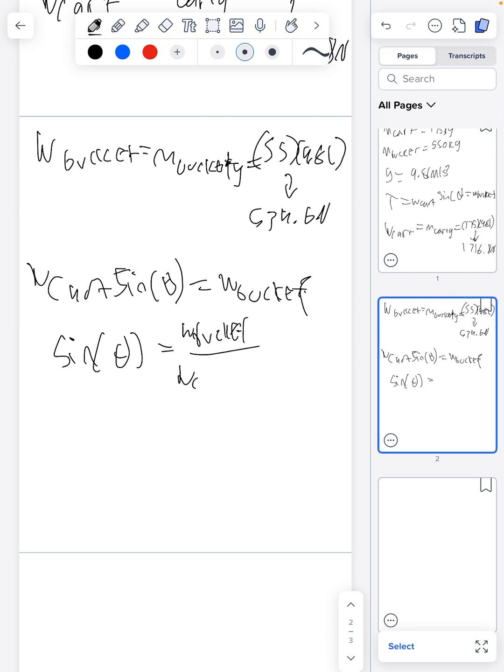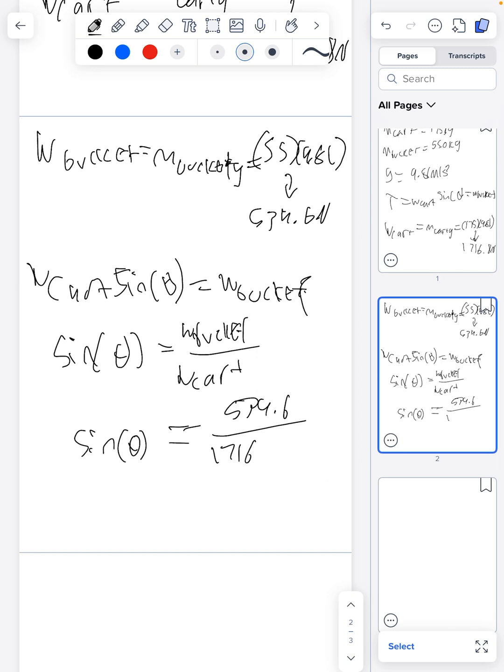Sine theta goes the weight of the bucket over the weight of the cart, and then equals 39.6 over 1700, 16.8.